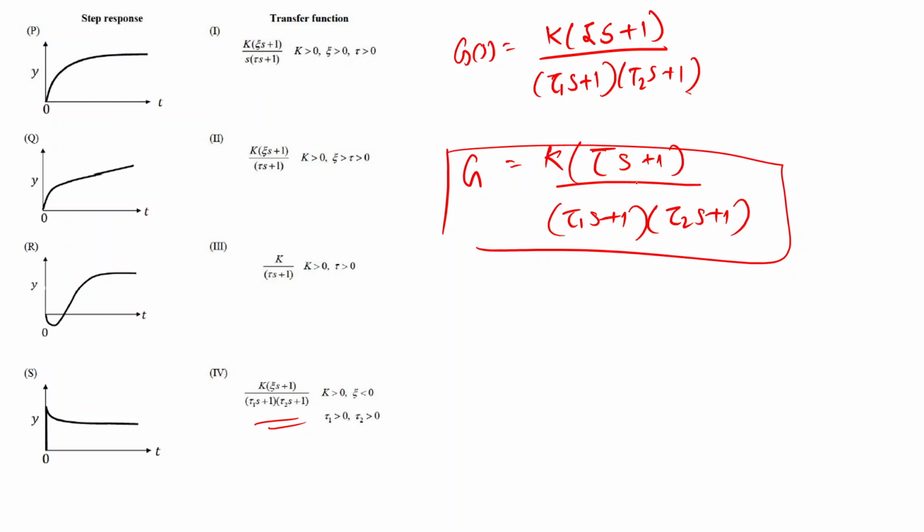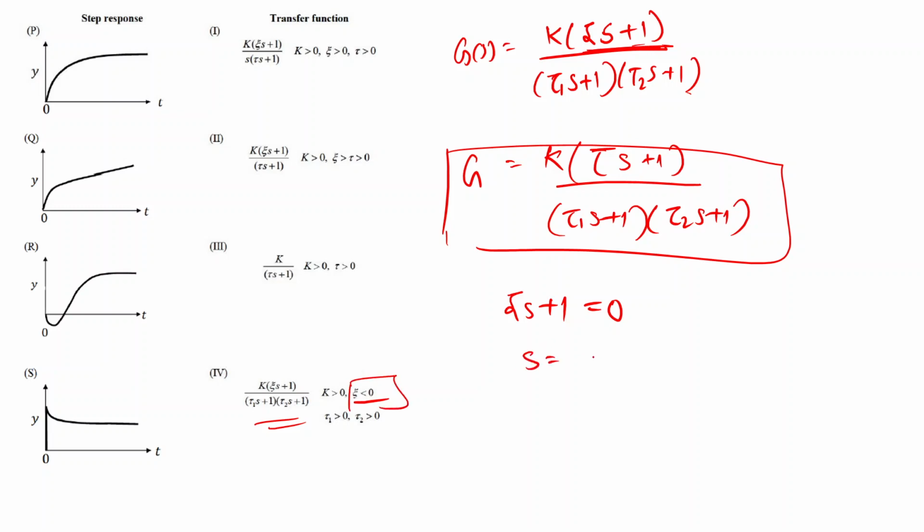And in case of an inverse response, what will happen is initially the response will be in one direction, and at the end the direction of the response will be the other. So over here, if we have to find the roots of the numerator, that is zeta s plus 1 equal to 0, we have this value of zeta over here less than 0.